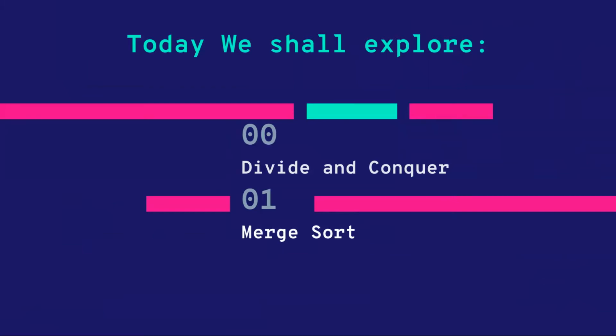There are other ways, like backtracking, branch and bound, and dynamic programming. Merge sort comes under the divide and conquer strategy. So we'll first talk about what divide and conquer is, and then we'll move on to how merge sort relates to it.